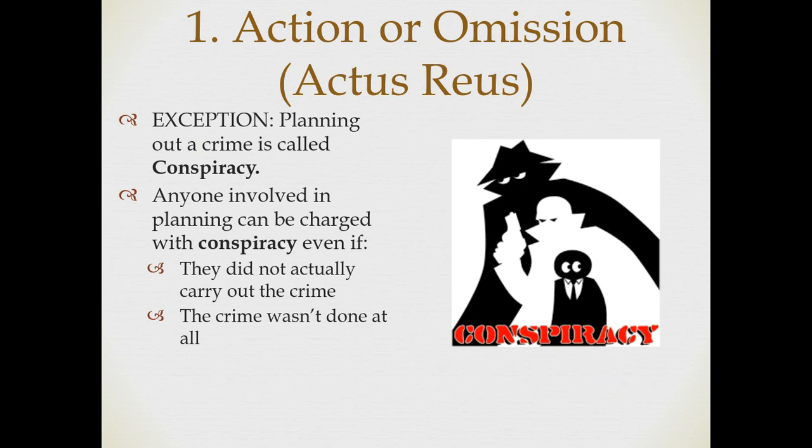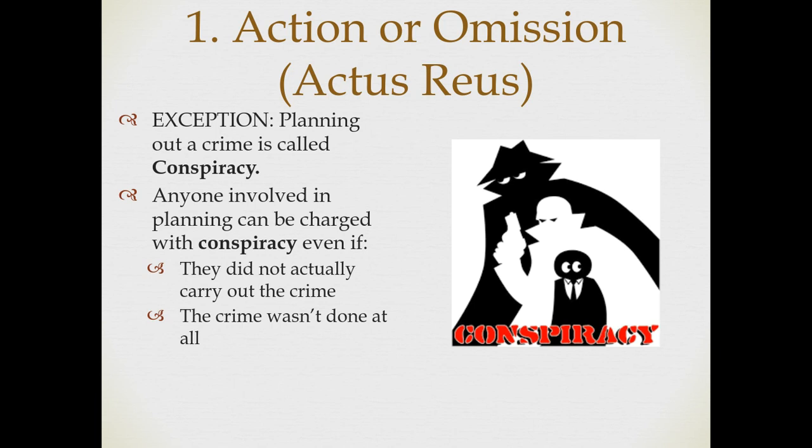Okay, there is an exception to actus reus, and this is called conspiracy, and that's simply planning out a crime itself. Make sure you jot that word conspiracy down, and you've got a good definition for it. It's simply planning to commit a crime. Now, the fun piece about conspiracy is that anybody who is involved in conspiracy can be charged with the crime itself, even if they don't actually do the crime, or even if they weren't somebody who helped carry out the crime.